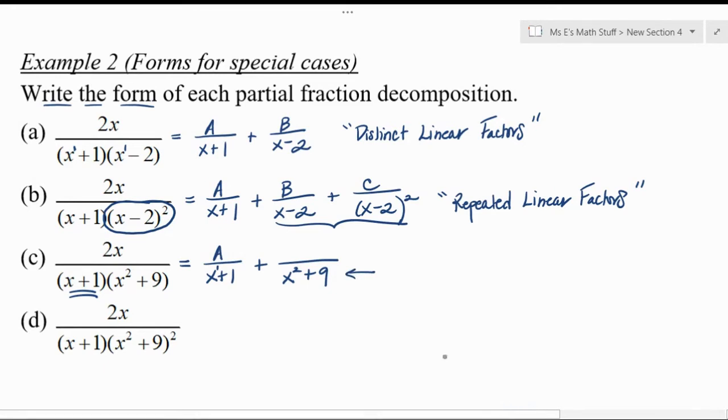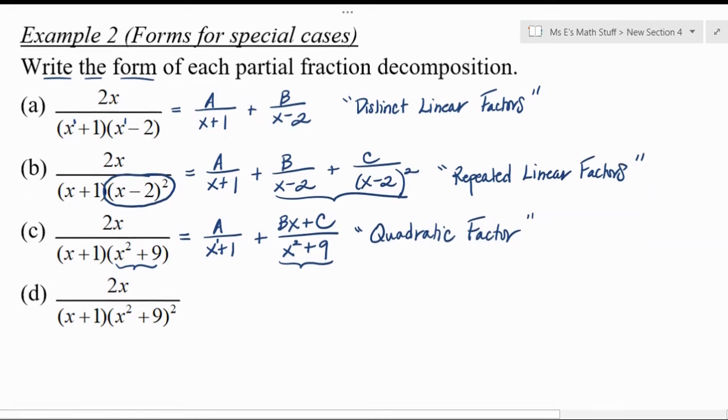So what we want to put on top is something that's degree 1, something that represents any possible degree 1 polynomial. That's why you'll see that Bx plus C on the top there. And so what we were focusing on there is what to do with a quadratic factor. Okay, and so it's just a matter of knowing the form.